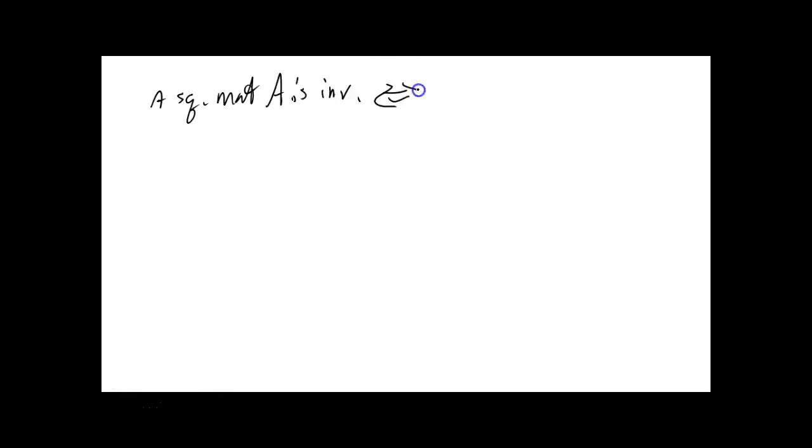If and only if, that symbol represents that, or IFF also represents it, or if and only if represents it, it can be written as a product of elementary matrices. A square matrix is invertible if and only if it can be written as a product of elementary matrices. Okay?